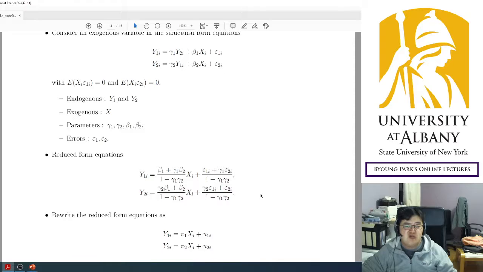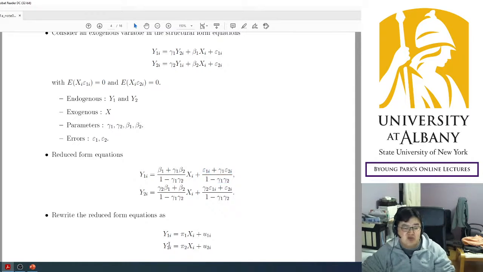And usually, in the end, as you can see, y1 is a function of x, and this is a complicated form of parameters, multiplied, added and divided by parameters, and the second term is just an error term. So epsilon1 plus epsilon2 multiplied by something, but as a whole, it is another error term.